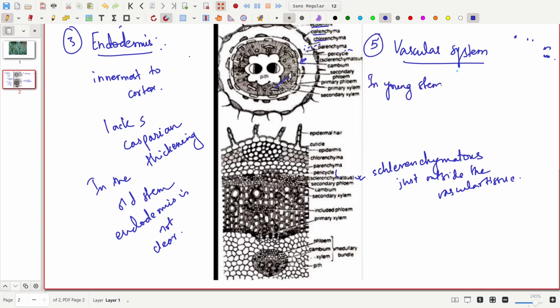In the young stem, the vascular bundles are conjoint, collateral and open type.